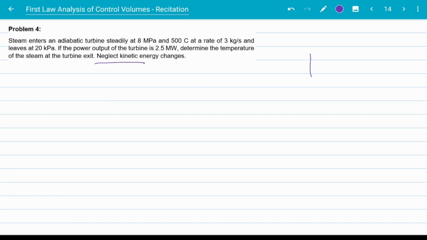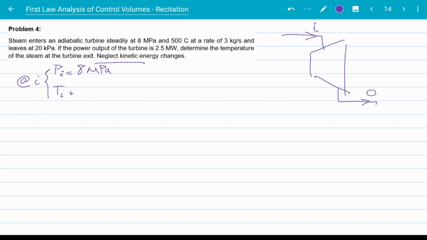So again, we are dealing with a turbine, inlet, and an outlet here. Now, what do we know? We know that at the inlet, it is always useful to list all you know, 8 megapascals, and temperature is also known, 500 degrees Celsius.